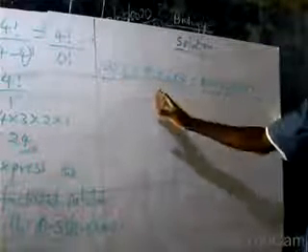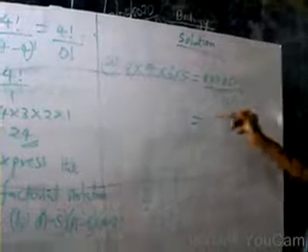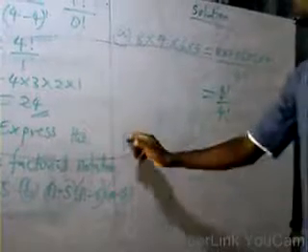I still have 8, 7, 6, 5, so it's still the same thing. What I've multiplied with the numerator, I've multiplied the same factor with the denominator, because ordinarily we assume the denominator is 1. So at the end of the day, 8 times 7 times 6 times 5 times 4 factorial is the same thing as 8 factorial, and that is over 4 factorial. So that's what we have.